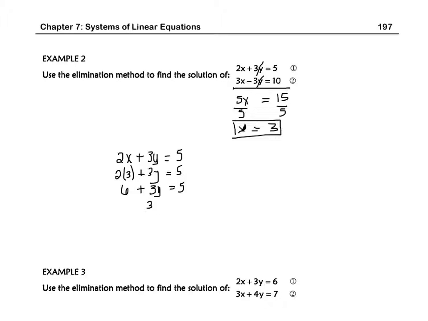So then 3y is 5 minus 6. So then 3y is negative 1. And then if you divide both sides by 3, you get that y equals negative 1/3.